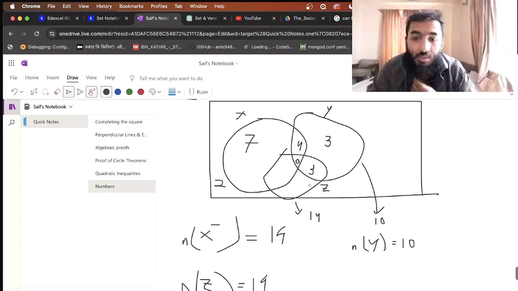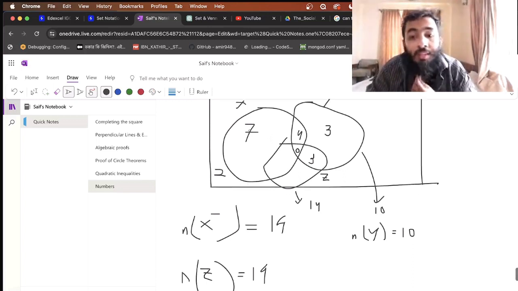So this area is 11: the number of elements of y plus the number of elements of z minus the common of y and z, plus this area, which is already given as 7.